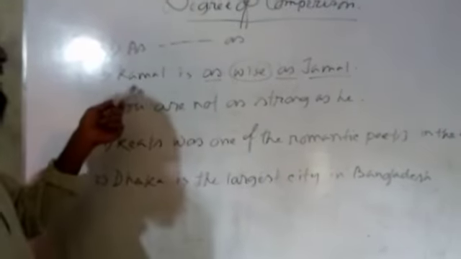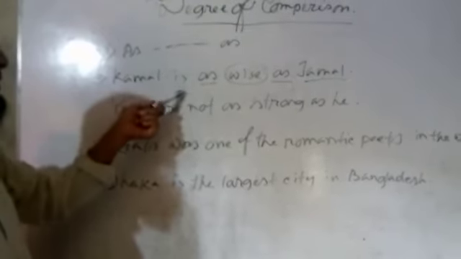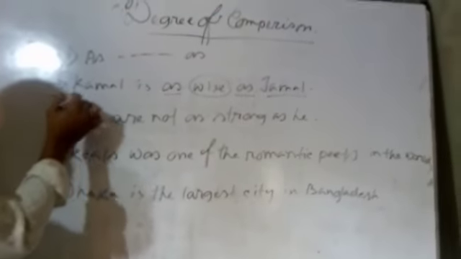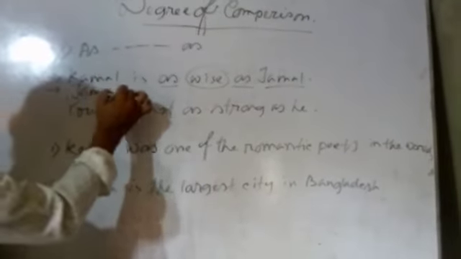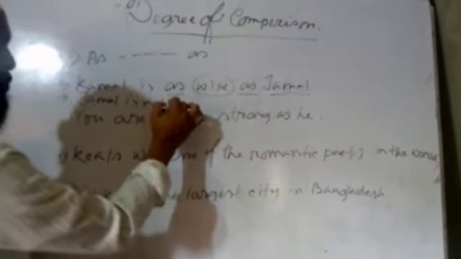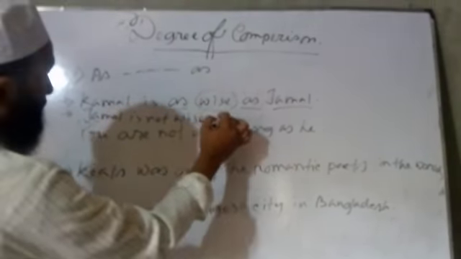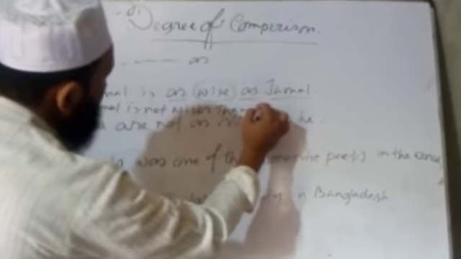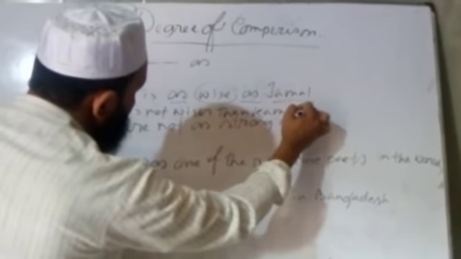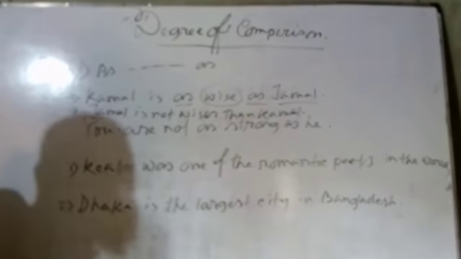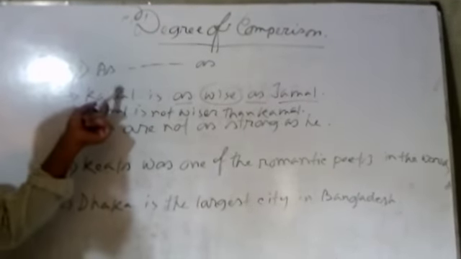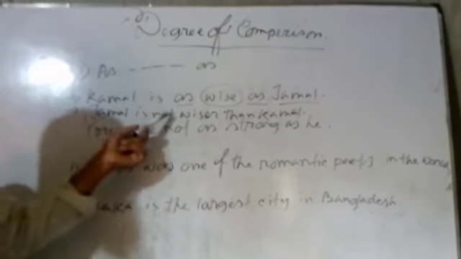So, Jamal is not wiser than Kamal. It is the comparative form of this sentence. As the positive is affirmative, the comparative became negative.